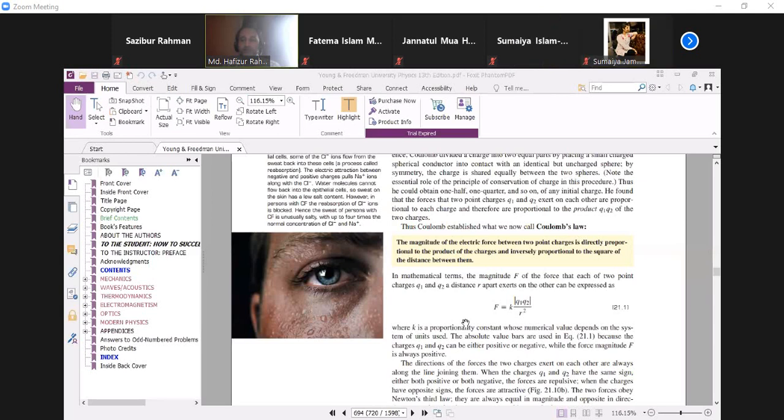You see, this is very much similar. The magnitude of electric force between 2 point charges is directly proportional to the product of the charges and inversely proportional to the square of the distance between them.